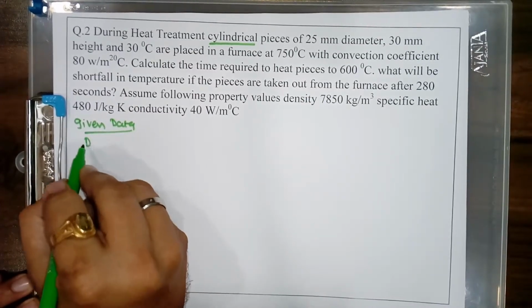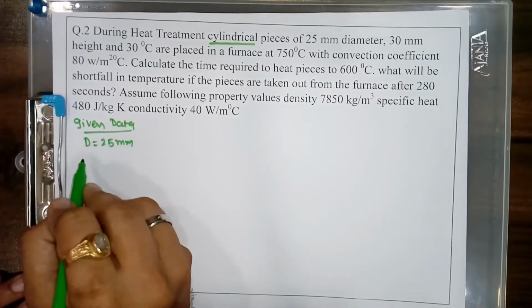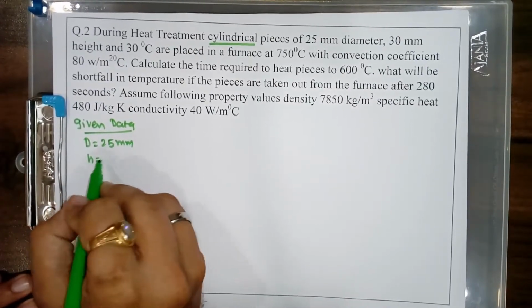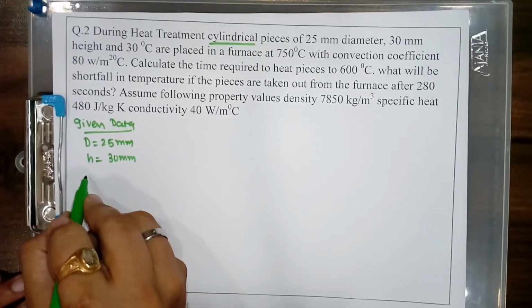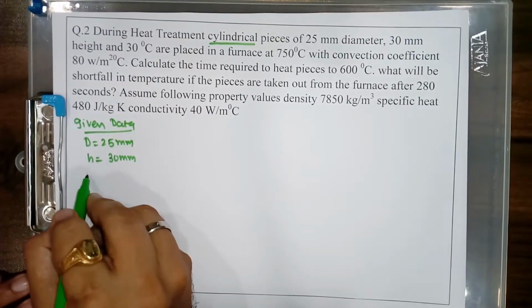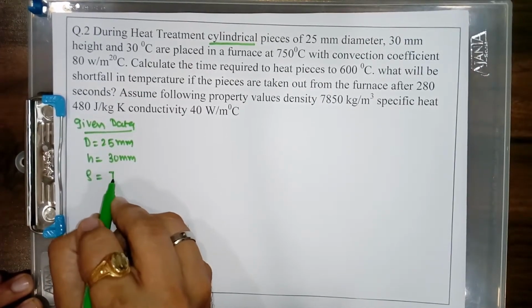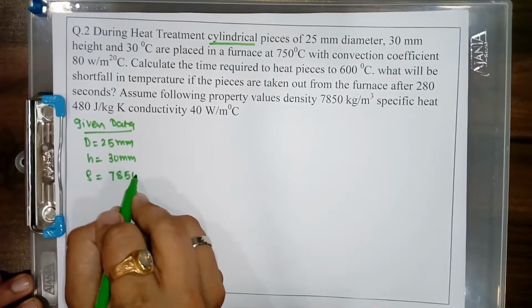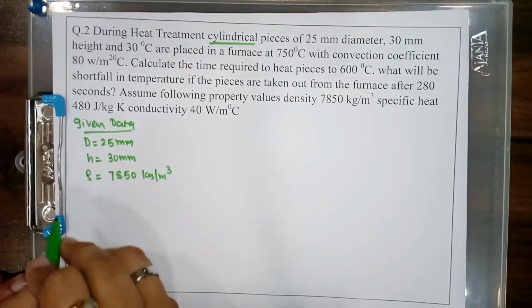So the diameter of the cylinder is given, that is 25 millimeter. Then the height is given, 30 millimeter. The density rho is given, 7850 kg per meter cube.